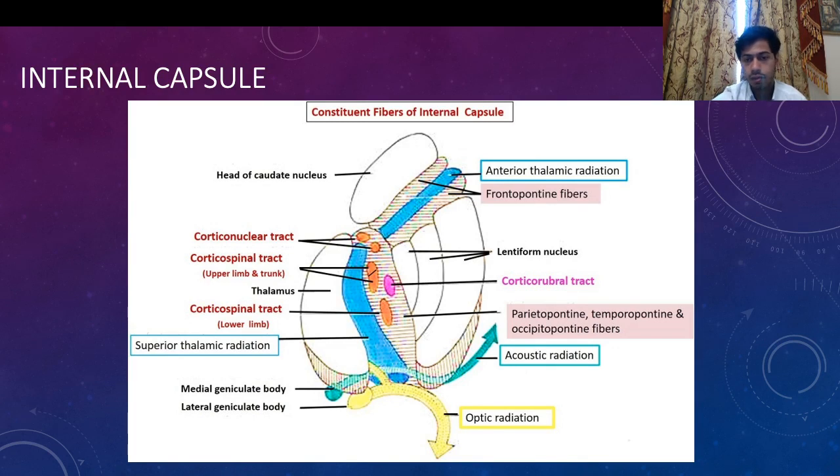So the lentiform nucleus is made up of the globus pallidus and the putamen, whereas the caudate nucleus alongside the putamen forms the striatum.